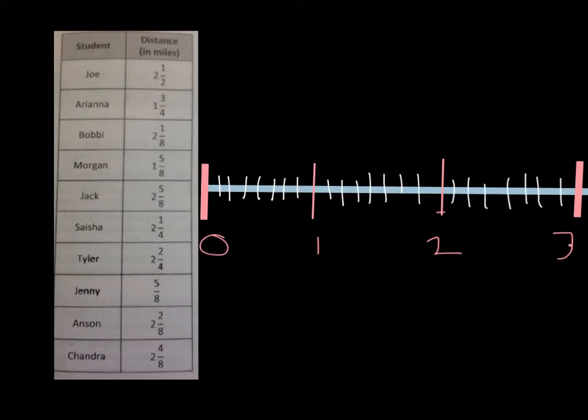So if you look there, you can see that some of the fractions have different denominators. When we plot these points, we're going to want to find a common denominator so that we can have the same points on our number line. So if you look, you can see that all of our denominators are factors of 8. So we can create common denominators using the number 8.